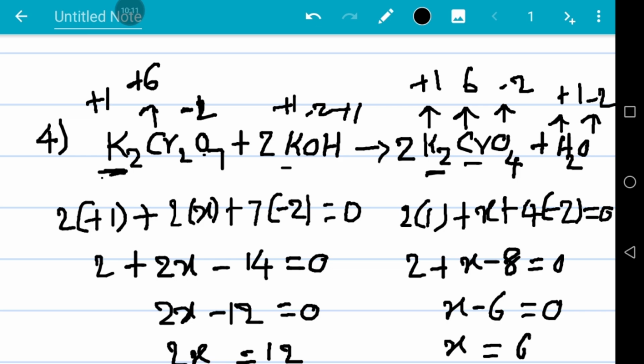Now observe the potassium oxidation state: on the reactant side plus 1, on the product side also plus 1, so there is no change in the potassium oxidation state. Chromium oxidation state is plus 6, and on this side also plus 6, so there is no change in the chromium oxidation state either. Oxygen is minus 2 only, hydrogen is also plus 1 only, so there is no change in oxidation state.